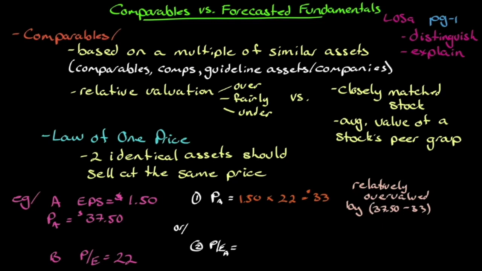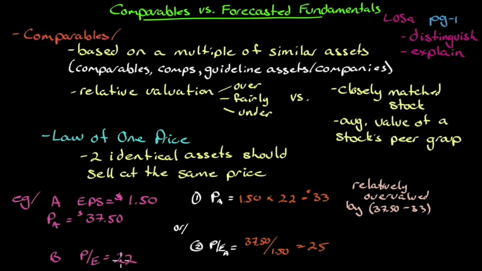The other approach that we can take is we can look at the PE of A. It's selling at $37.50. It has earnings per share of $1.50. It has a PE of 25 versus 22. So we can take the PE of the other company times the earnings per share to come up with a comparable price and compare it with the current price, or we can take the current PE and compare it with the comparable's PE.